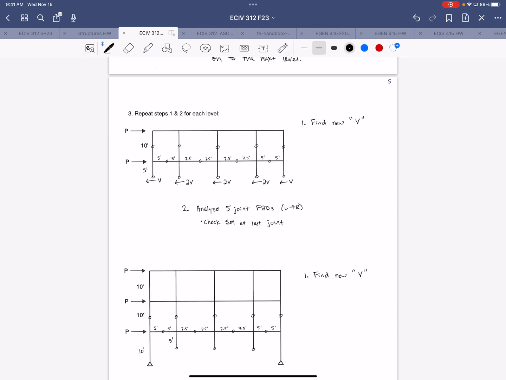From there, you can find the new shear in the columns. So that would be, again, summing forces in X. Here we have 2P, because we have a P at each level, is equal to 8V. So V is equal to P over 4.